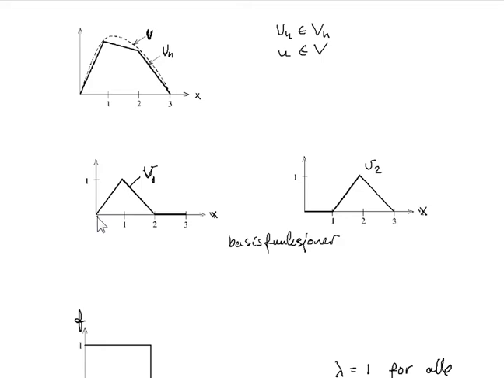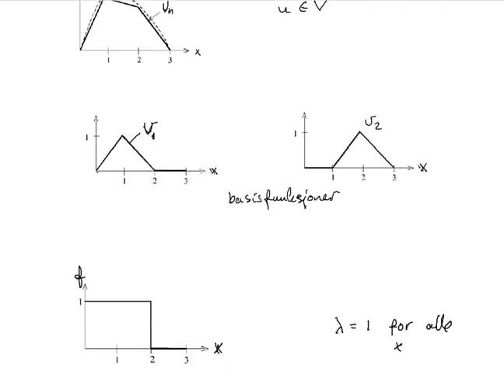In our triangulation we had these three intervals, and the only functions which are continuous and at the same time linear on each of these intervals are these two functions. We have this v1, which has its top point at 1, and v2 has its maximum point at 2.